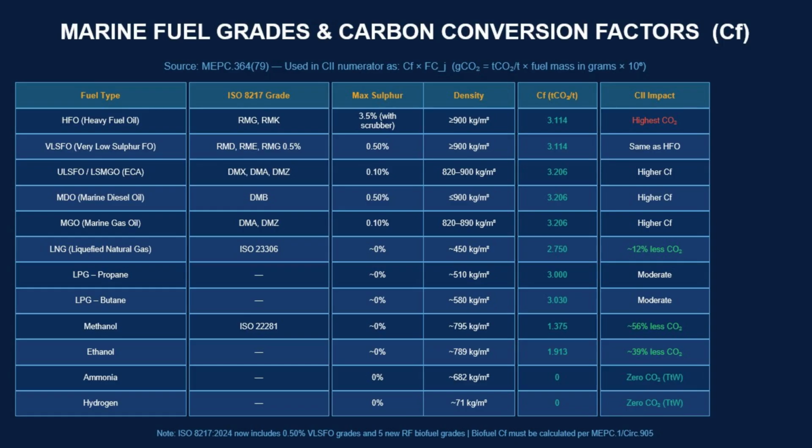LNG has a factor of 2.750 and produces around 12% less CO2. Methanol has a factor of 1.375, giving approximately 56% reduction compared with HFO. Ammonia and hydrogen have zero tank-to-wake carbon emissions. Therefore, fuel selection has a major influence on CII performance.